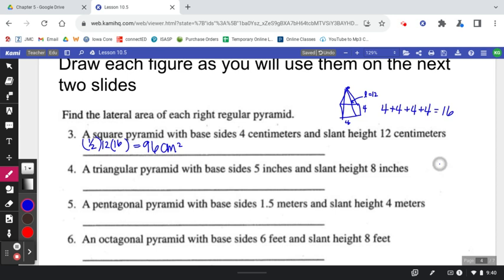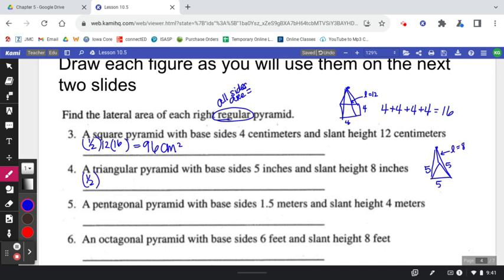On this one, it's a triangular pyramid, and it says up here that it's a regular pyramid, which means that all sides are equal. So 5, 5, 5, and I'll try to do a 3D, not very good, but it says that my slant height is 8.